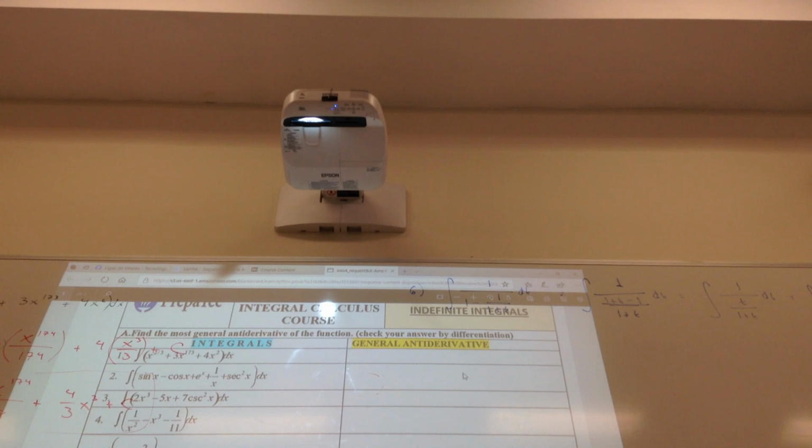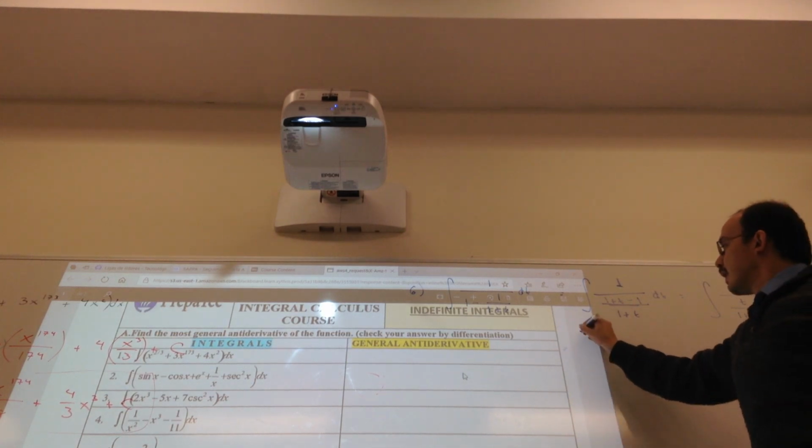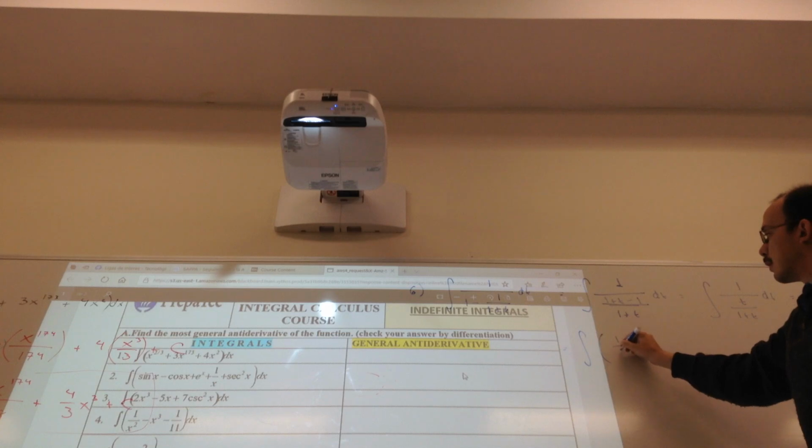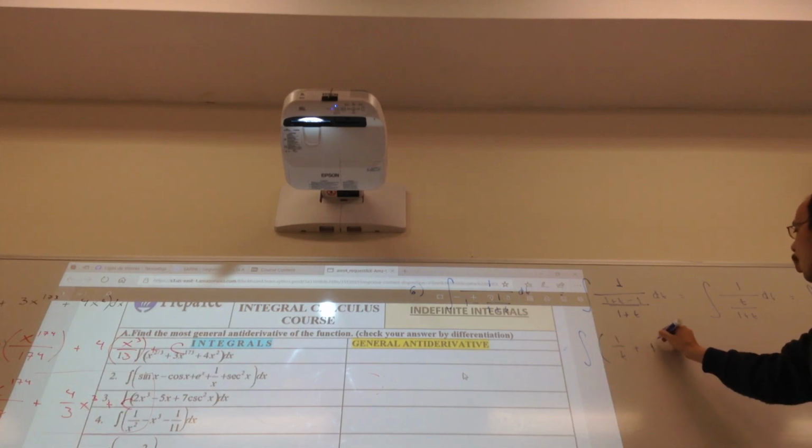Is that the end of it? Can I integrate now? Listen, yesterday I didn't give you a quotient rule for integrals. It's because there is no quotient rule for integrals. You can separate them. You need to separate. So, the integral of 1 over t plus 1.